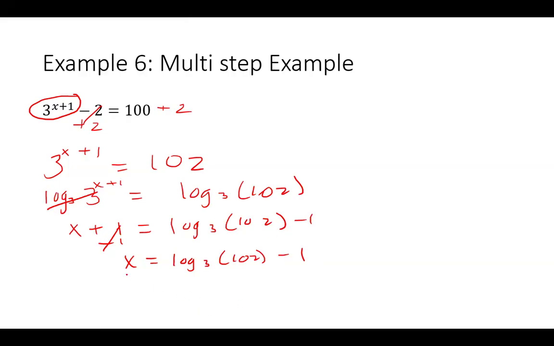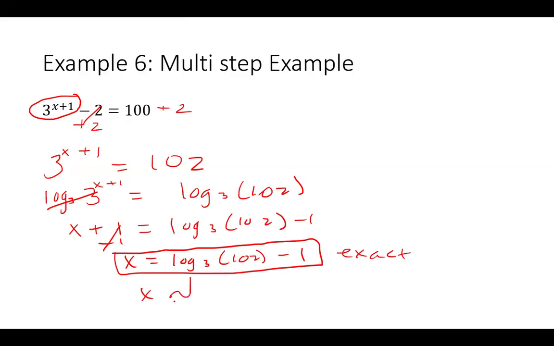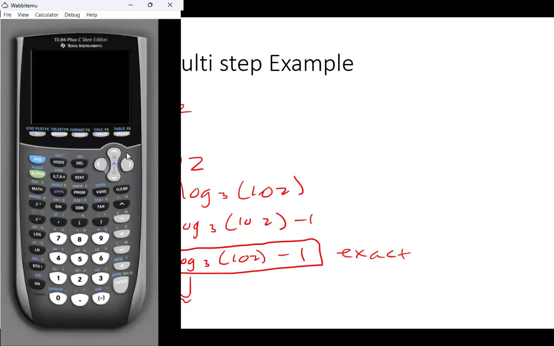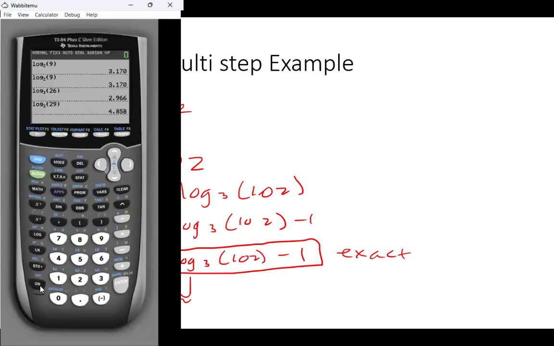Minus 1. This is your exact answer. You can't combine them because they are not like terms. Okay, so this is what I'm plugging in the calculator to find my approximate x value. So x is approximately, we're going to type it in.